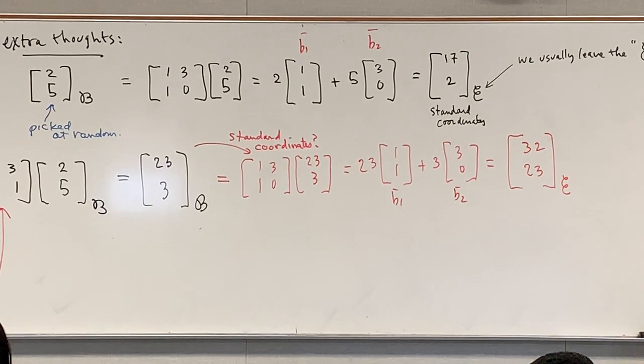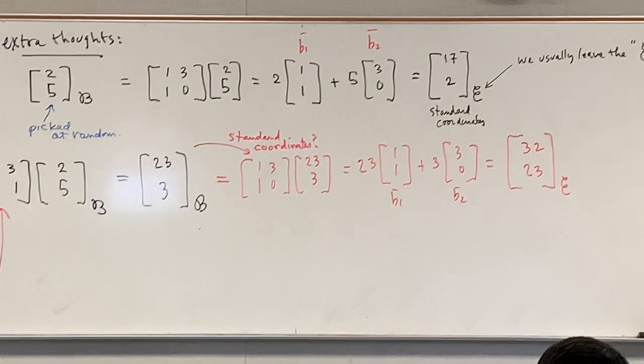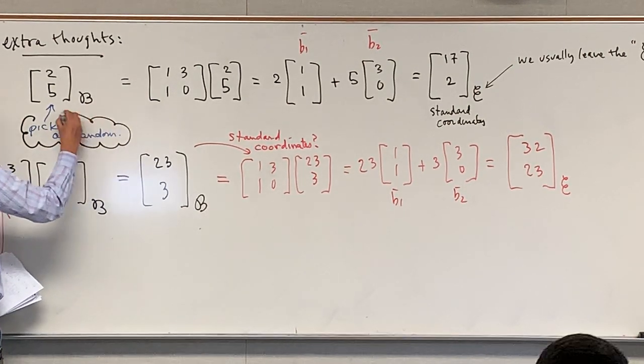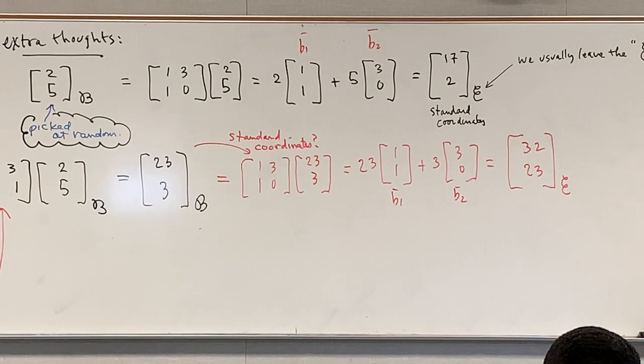Again, this is all beyond the end of the problem. Okay, so I'm just rambling on with my extra thoughts here. But here's the picture I want to give you guys. So remember, I picked this at random, just one particular vector in B coordinates.